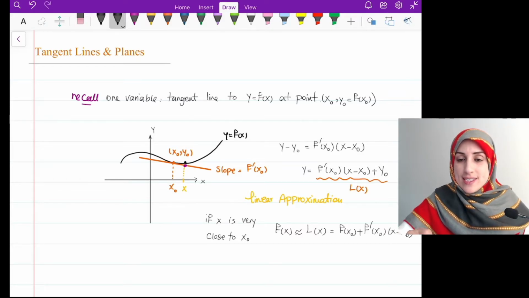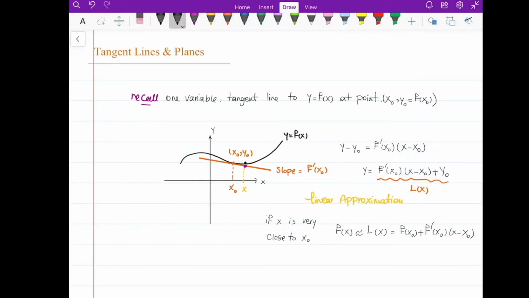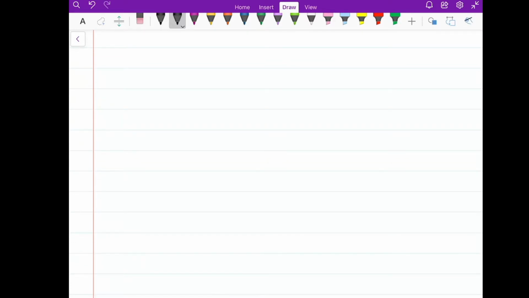So let's look at if we have a surface, a function of two variables, then we're going to have a tangent plane instead of a tangent line. So let's see how we can define this. Now that we have two variables, we have a tangent plane to z equals f of x and y at the point x naught, y naught, and z naught, which is basically the value of the function at x naught and y naught.